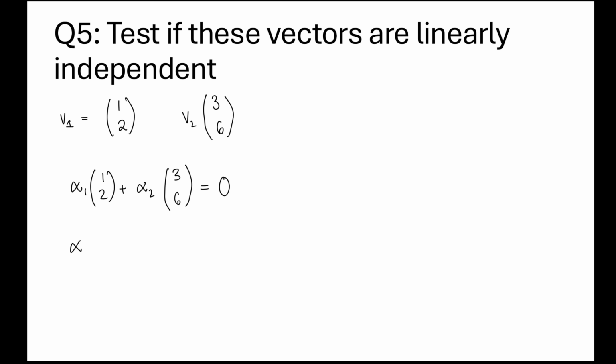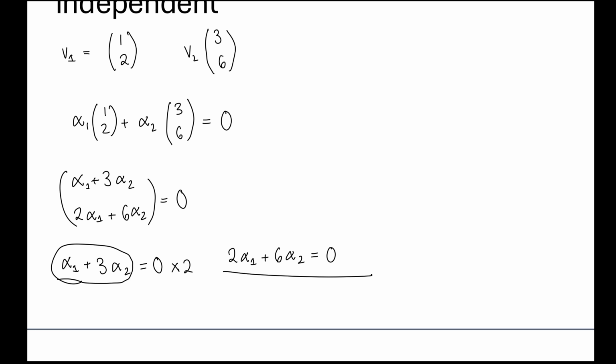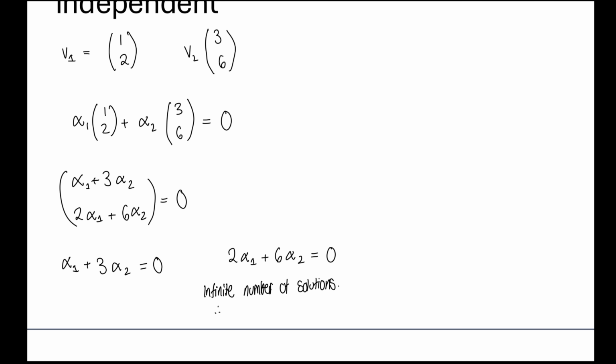So this gives us alpha 1 plus 3 alpha 2, then 2 alpha 1 plus 6 alpha 2 is equal to 0. So we get alpha 1 plus 3 alpha 2 equal to 0, and 2 alpha 1 plus 6 alpha 2 equal to 0. What you can notice is that if we multiply the first equation by 2, we get the second equation. That means that there are an infinite number of solutions. Therefore, these vectors are linearly dependent, as you can have so many solutions.